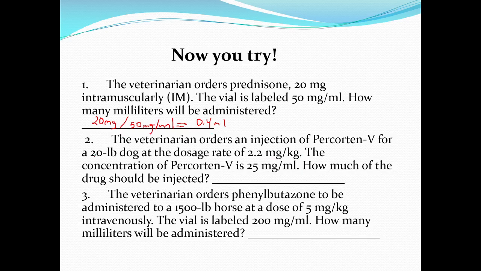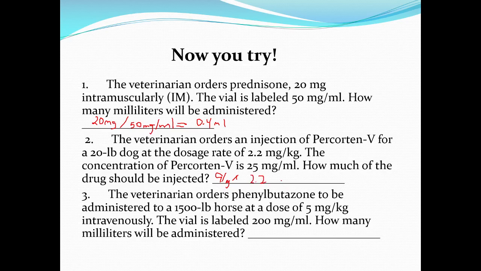20 pounds divided by 2.2 is 9.1. So 9.1 is our weight in kilograms. And we need to multiply that by the dosage rate, 2.2.